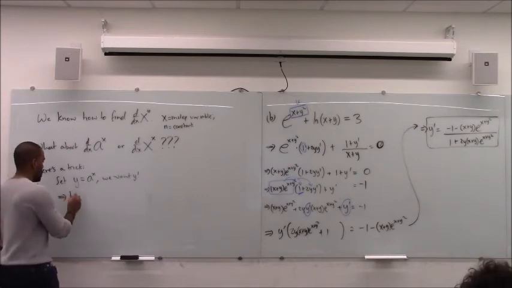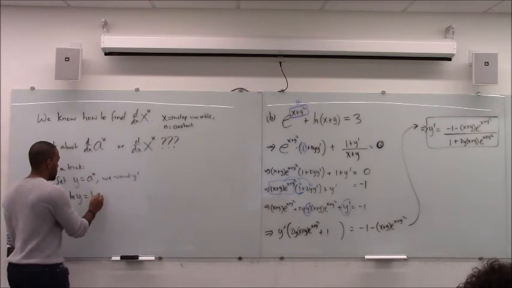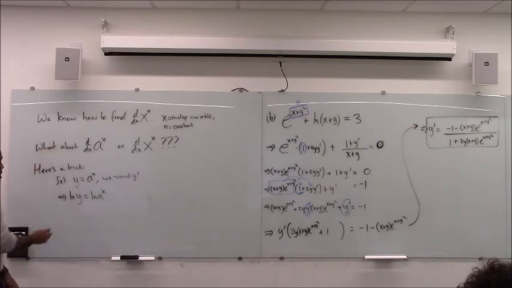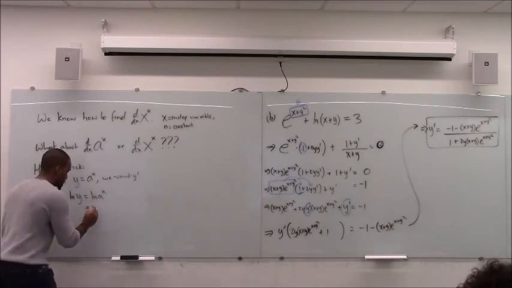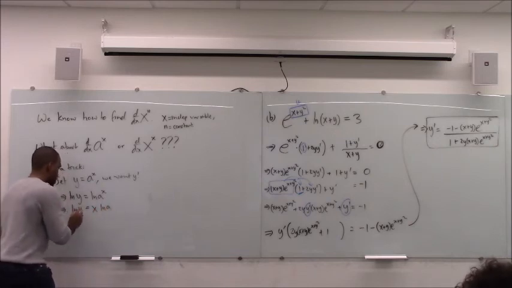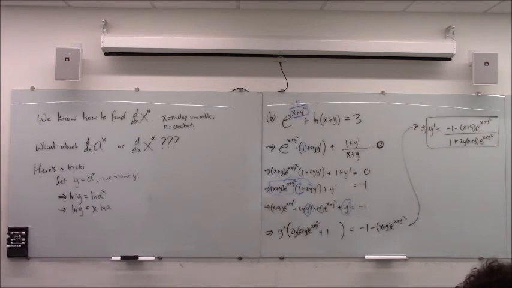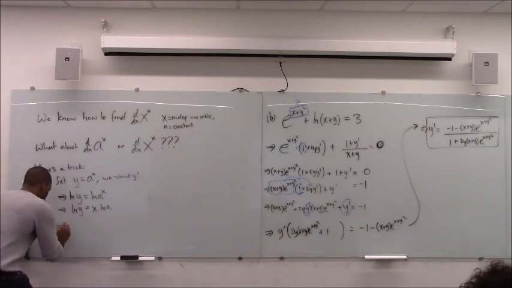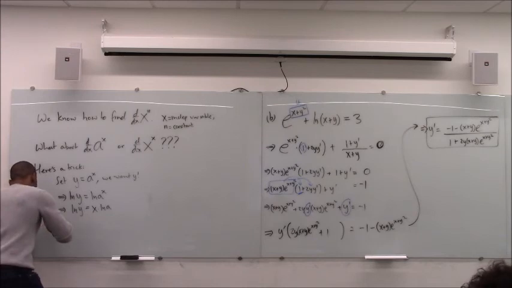So I would just log both sides. Now, that allows me to bring this x down like that. And now I can just perform implicit differentiation.